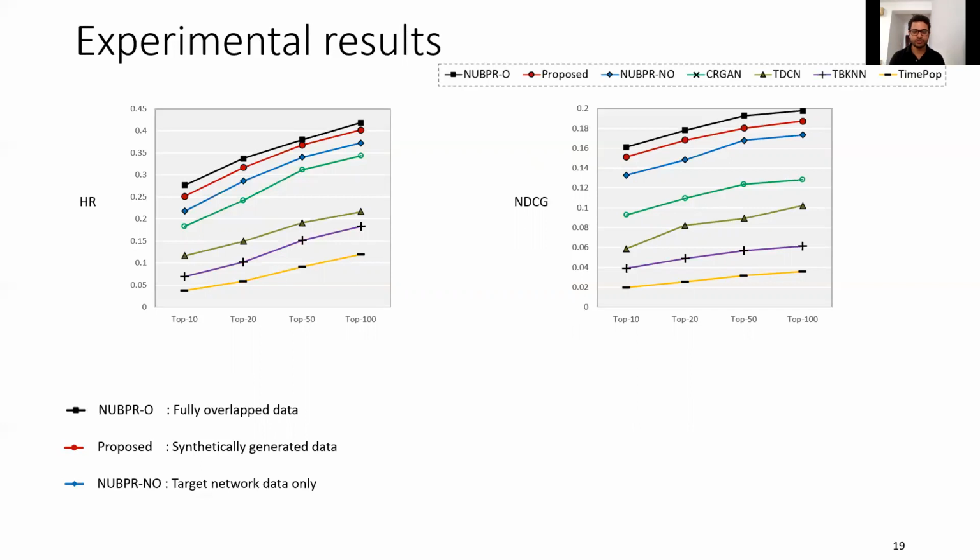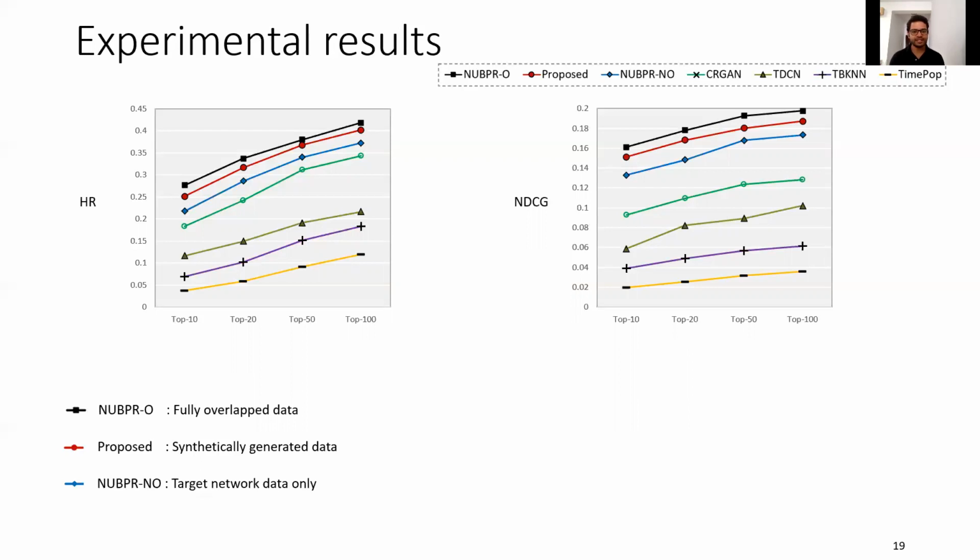Again, we consider all the users to be non-overlapped, but this time we use the proposed generation process to generate the missing source network preferences, and then use both real target network information as well as the generated source network information for the recommendation task. So the comparison between the blue line and the red line shows how much of an accuracy improvement can be obtained by generating the missing preferences.